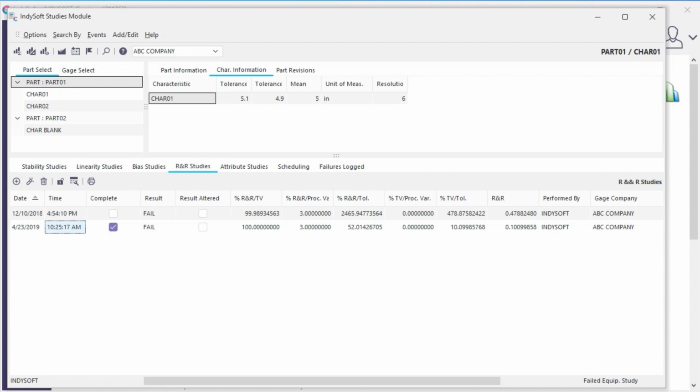The downside is we only assert that it conforms with the MSA. If you are using Minitab or any other software to try to validate the calculations and you get different results, all we can say is we conform with the MSA. We don't claim to conform to anything else.